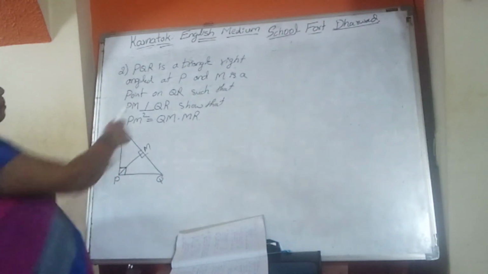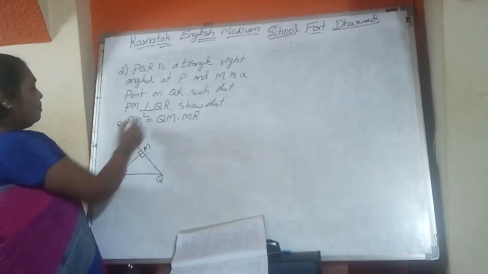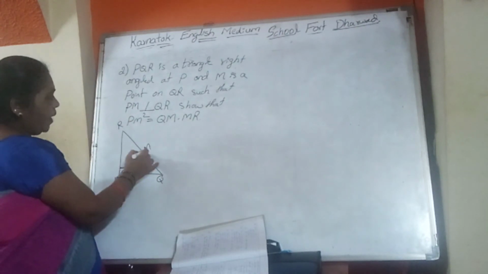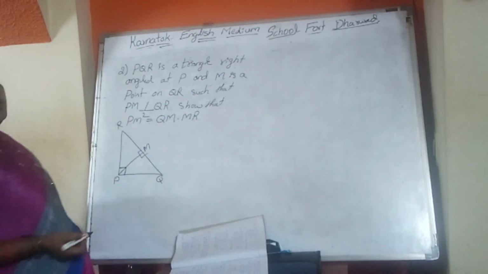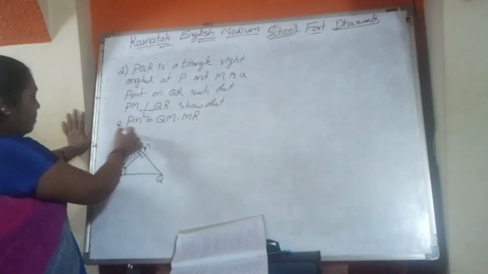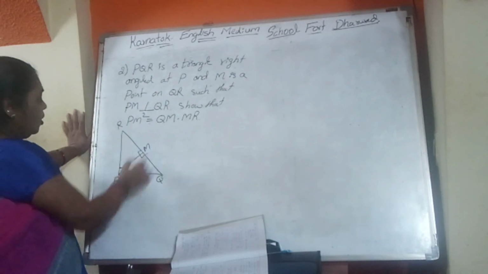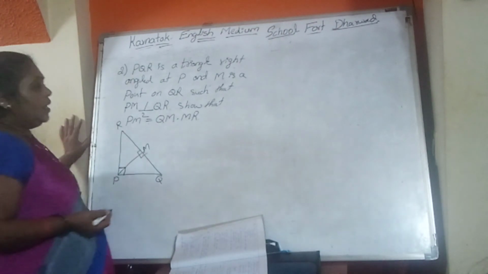What can you show here? You can show that PM square is equal to QM into MR. It is very easy.